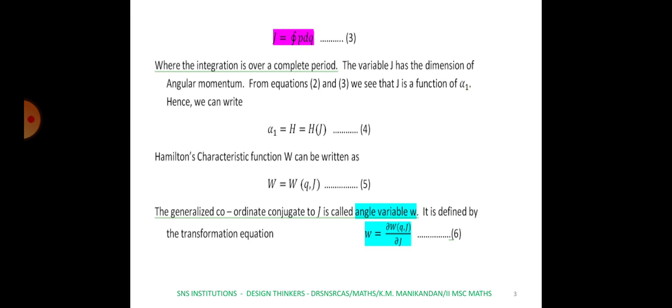This angle variable w is defined by the transformation equation w equal to partial W by partial J. This represents differentiating the Hamilton characteristic function W partially with respect to the action variable J, and we call this equation 6.